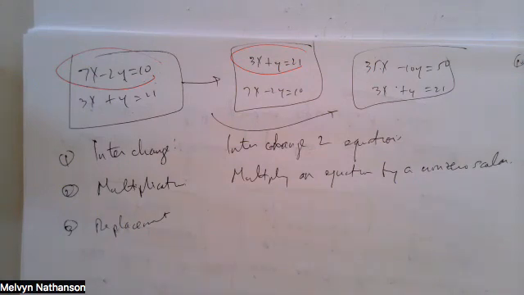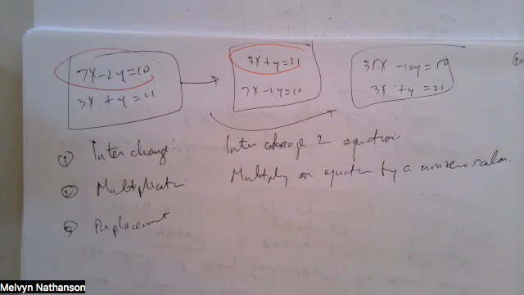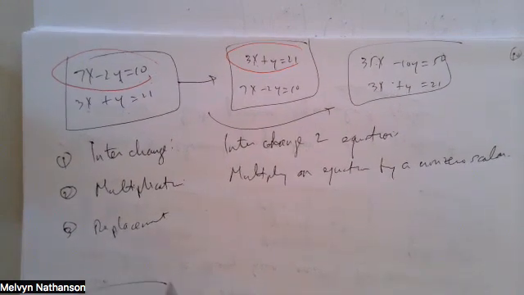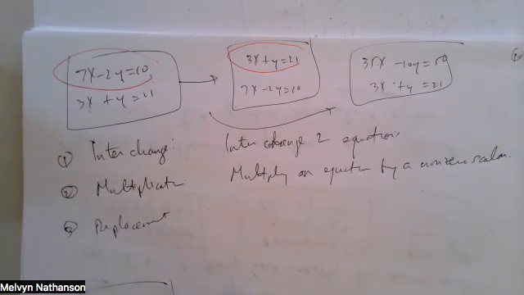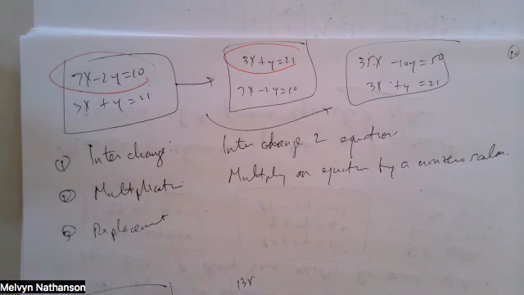So let me give an example. Suppose I have 7x minus 2y equals 10, and 3x plus y equals 21. That's my original system. Suppose I don't change the second equation, but I add, let's say, 2 times the second equation to the first equation. So 2 times 3 is 6, 6x plus 7x is 13x. Multiply this by 2, 2y minus 2y is 0.